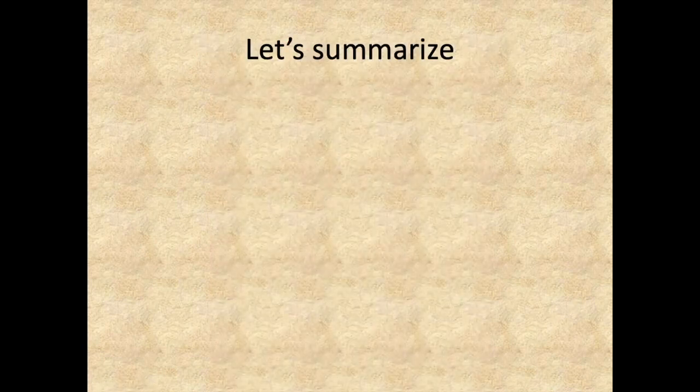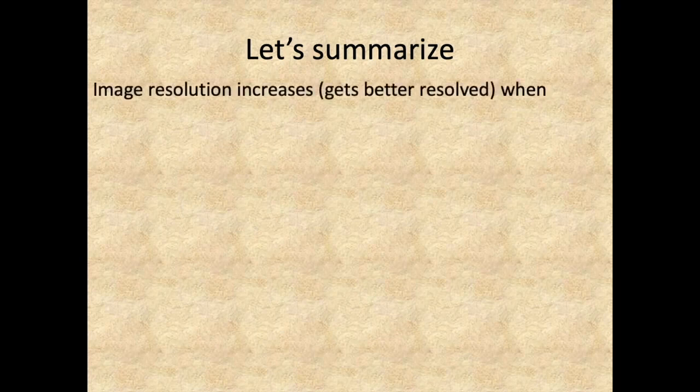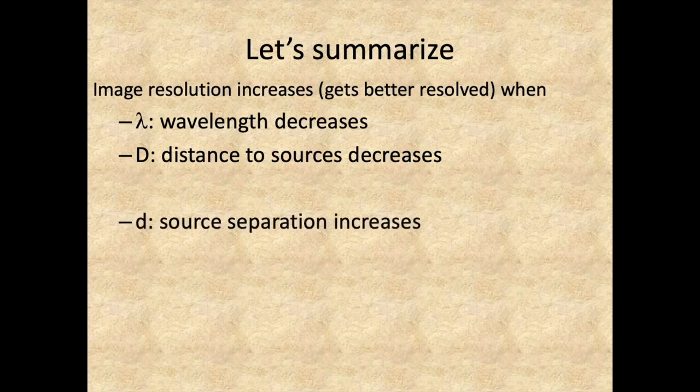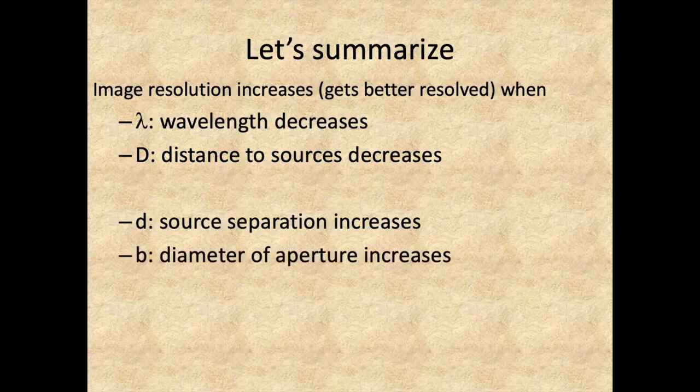The changes on each of these factors which increase resolution are as follows: decreasing wavelength, decreasing the distance to the sources, increasing the separation of the sources, and increasing the diameter of the aperture.